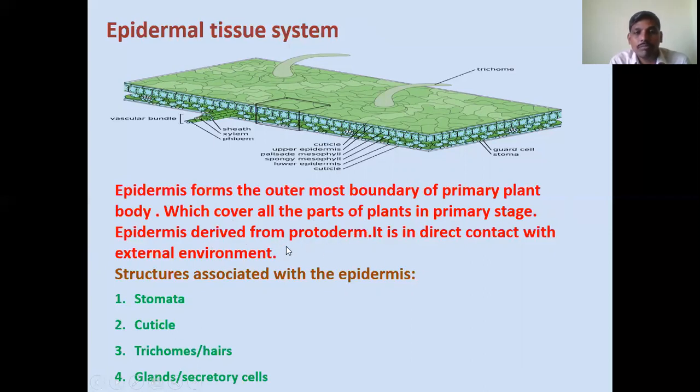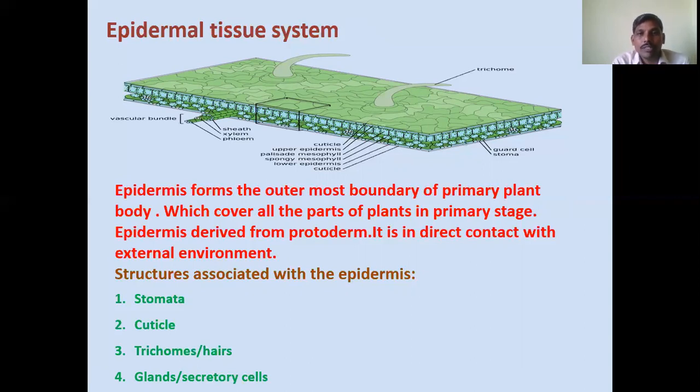The protoderm is related to meristematic tissue. That meristematic tissue is responsible for the formation of epidermis and accessory parts. The epidermis layer is in direct contact with the external environment.